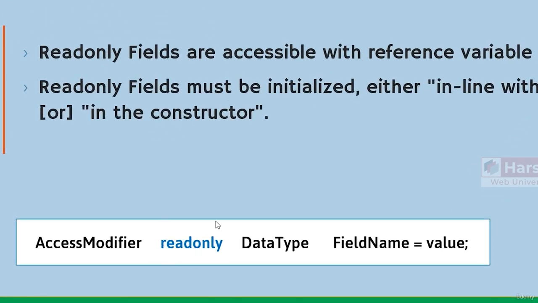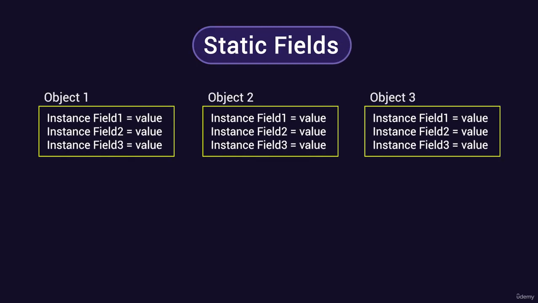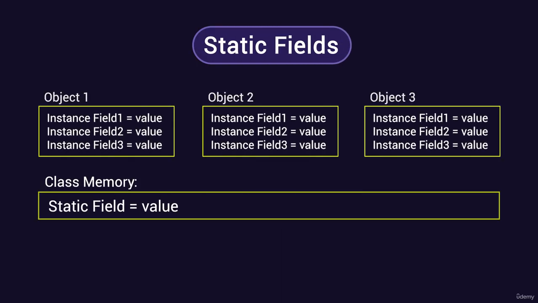The syntax of a read-only field is almost the same as a static field, but instead of the static keyword, we need to use the readonly keyword. So overall, when you want to store some common data that belongs to all objects of the class, use the static field. For example, in the student class, the room number and teacher name are common to all objects of the student class.